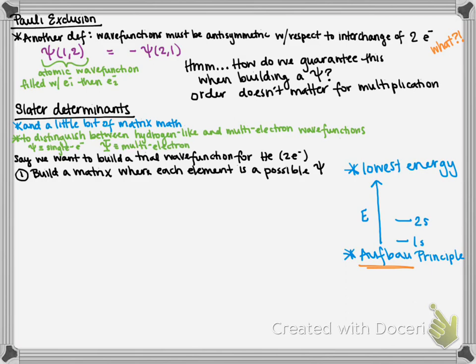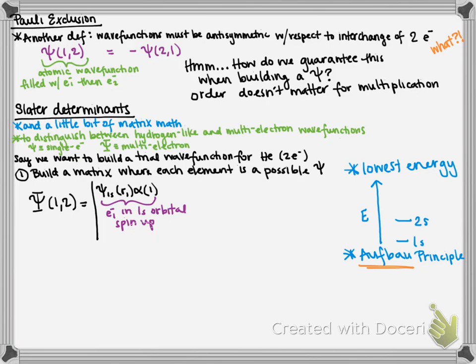All right, so let's build a matrix. We have 2 electrons, so we're going to have a 2 by 2 matrix. We'll call this psi(1,2). Our first entry, that upper left entry in our matrix, is psi 1s alpha 1. I'll explain in a little bit why this has straight lines instead of brackets. So a 1s orbital, alpha 1.